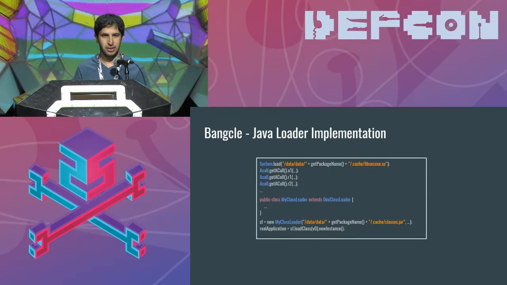And this is a snippet of the Java loader implementation. We can see that Bangcle loads a native lib file and calls functions from this native file through JNI, which is a bridge between Java and native functions, and then it loads the DEX file, which will trigger libart.so.